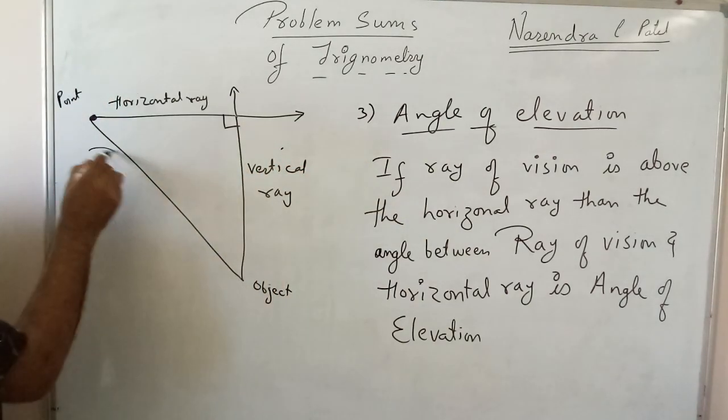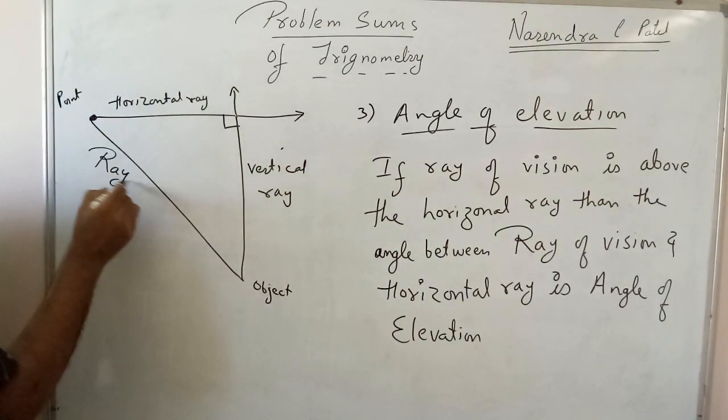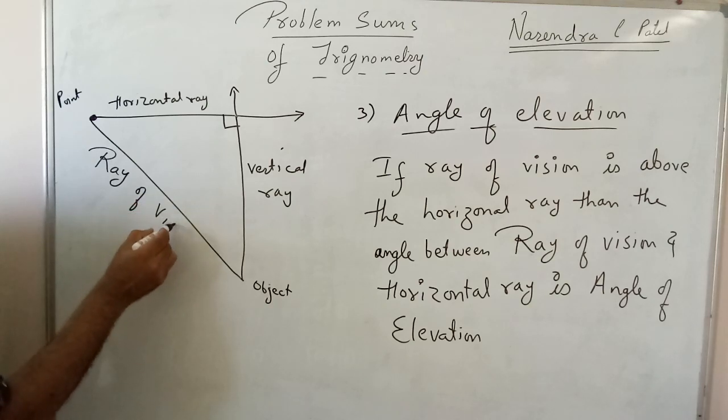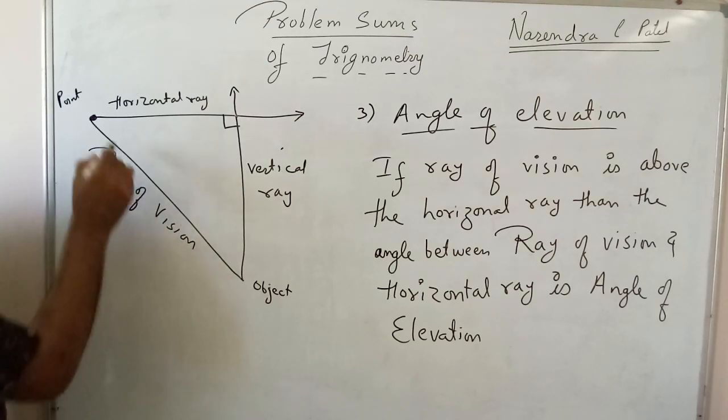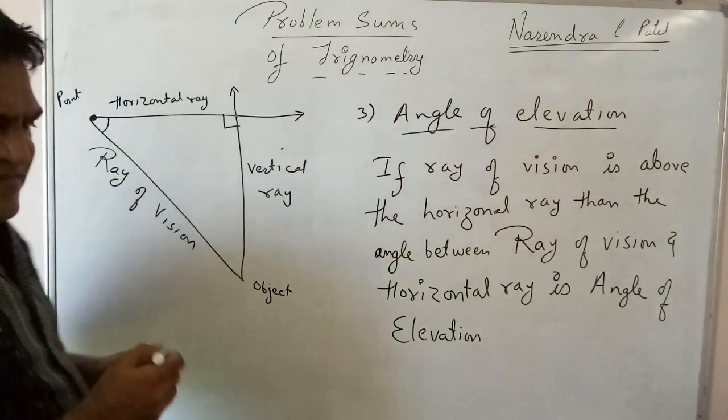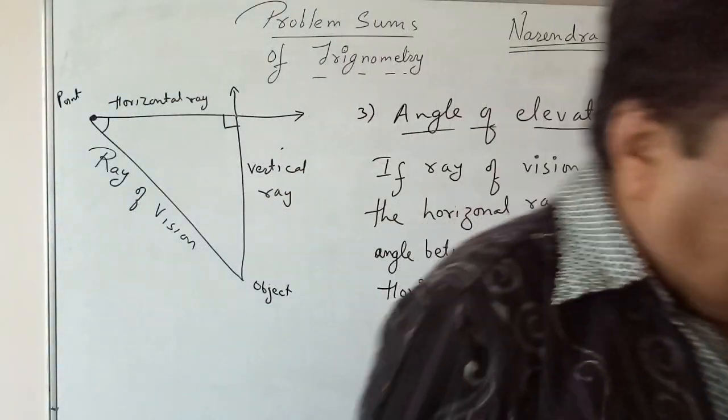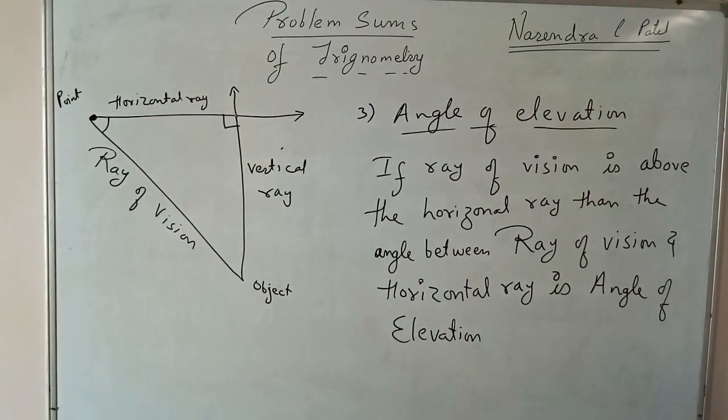This is the ray of vision. So the object is below the horizontal ray.